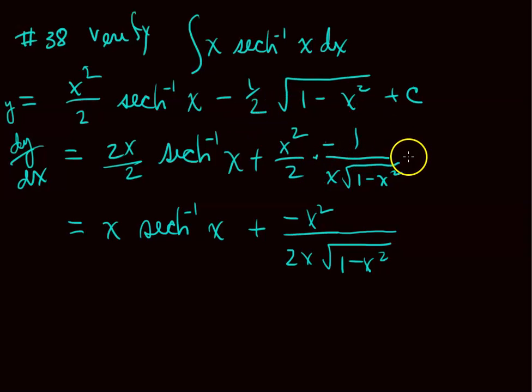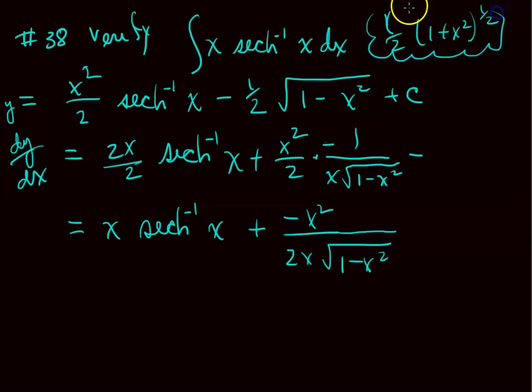But I need also minus the derivative of this. Remember, this is 1/2 times 1 plus x squared to the 1/2.